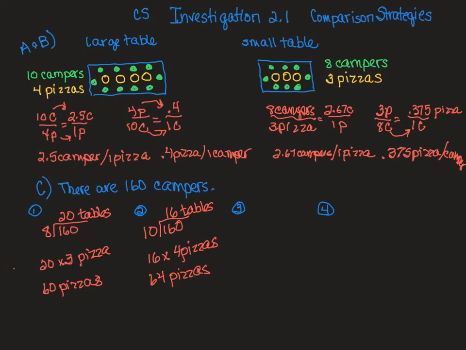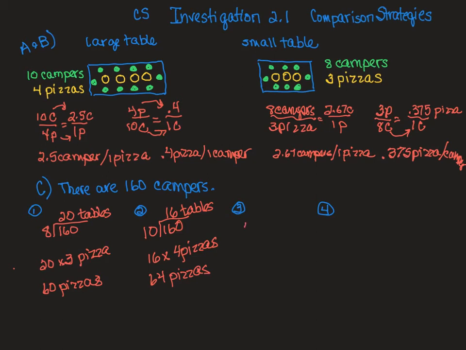In 3, it says, well, I have some extra large tables, and at those extra large tables, I can sit 25 campers. So I'm thinking, if I have 25 campers, how many pizzas do I need to put at those tables? So I'm now going to make a proportion, and I'm going to use the large tables to begin with.